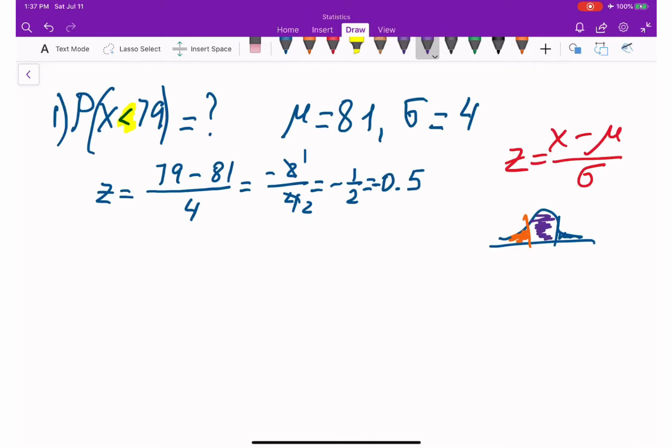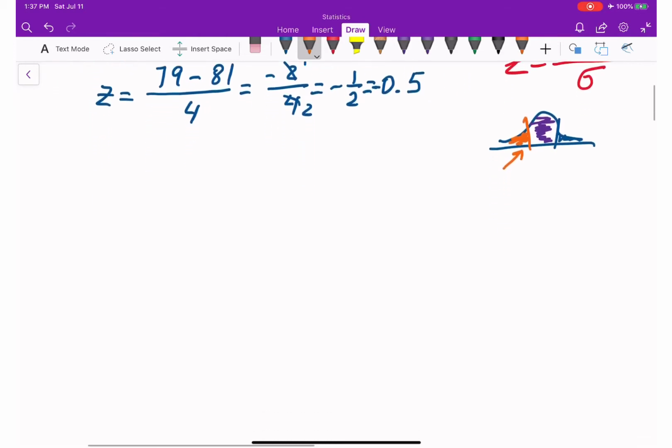We are going to use the left tail table because for schools we usually use the left tail table. And since we have x less than 79, this table is going to work perfectly without any modifications. Okay, so z-score equals negative 0.5.